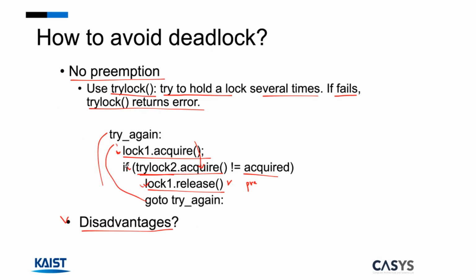And holding a lock fails, release the resource, go again. So this loop goes on infinitely. So it causes starvation. Technically, breaking no preemption with try lock does not guarantee progress, so it causes a starvation problem.